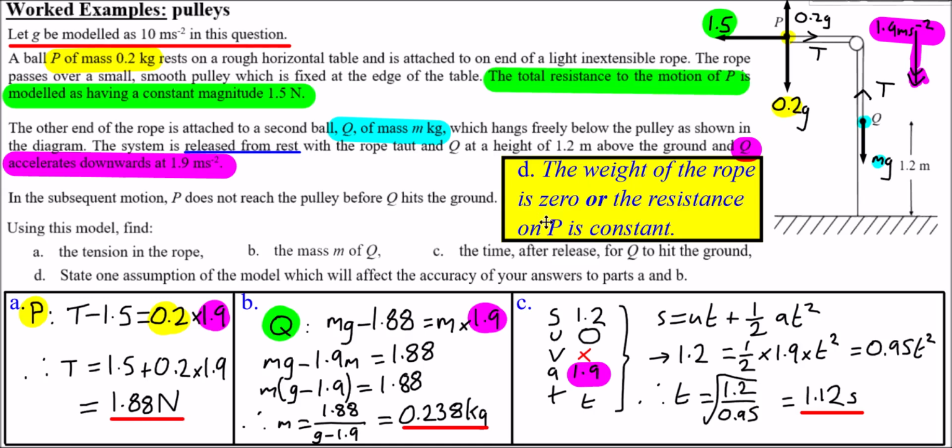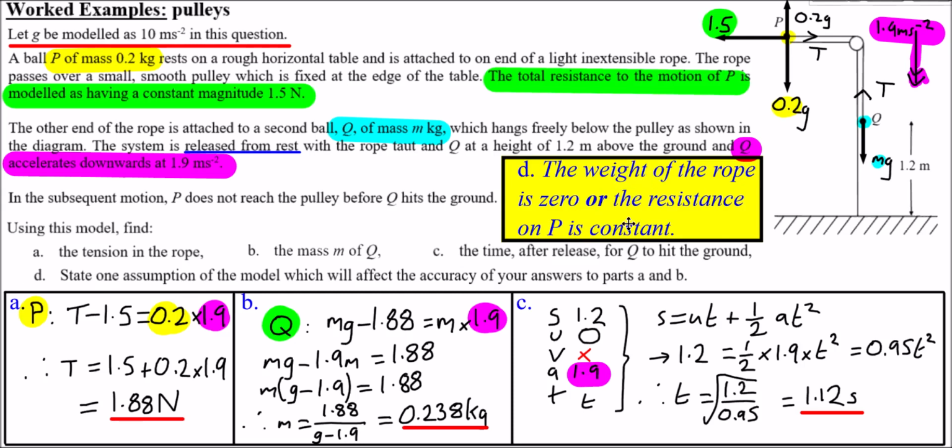And so that may have affected the calculation for the mass of Q had we used a non-zero mass for this rope. But anyway, for mechanics, we do use assumptions and simplifications to make life easier on ourselves. So this is standard, and that's fine. So that'll be a 1-mark question, probably. One assumption, 1 mark. Just write down any reasonable assumption. Typically, it's that these strings and ropes are assumed to have negligible mass.